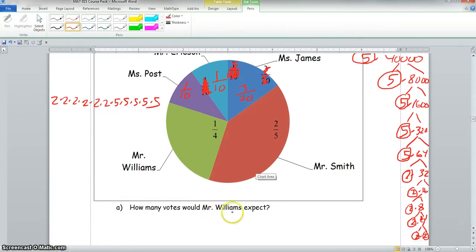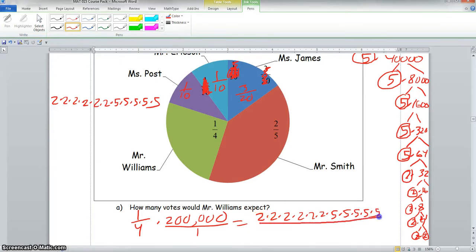It says, how many votes would Mr. Williams expect? Now, Mr. Williams expects 1/4 of the vote. So it'll be 1/4 times 200,000. So now we'll put a 1 under the 200,000, and we would take the prime factorization of 200,000, which we know is 6 2's, and then we have 5 5's.